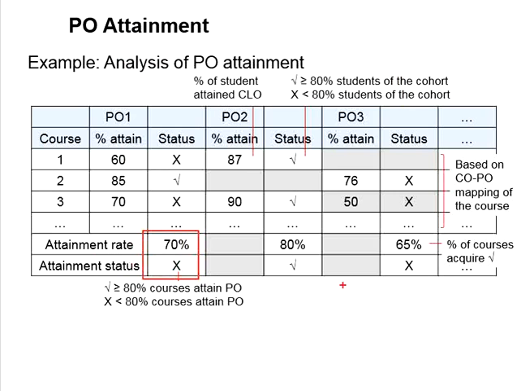Then you look into the non-attainments of the programs and try to identify what are the major sources of non-attainment. Sometimes the POs are interdependent, especially when you design a curriculum. There are fundamental courses and there are advanced courses. Sometimes because of the non-attainments of the advanced courses, you will have problems with the PO tree, for example.